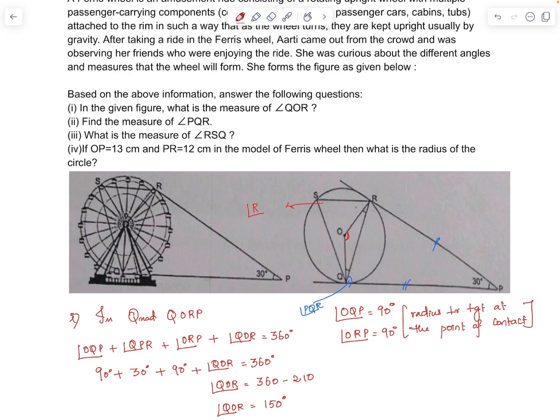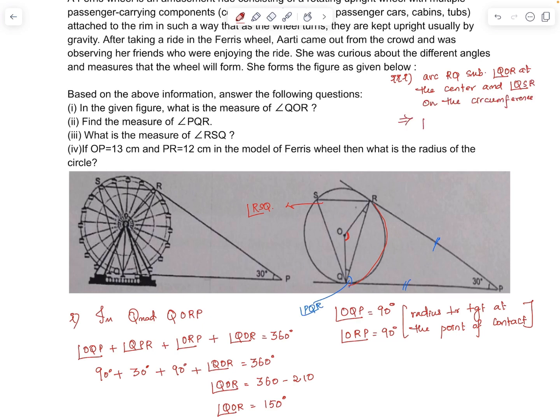This is angle RSQ. The arc RQ subtends an angle at the center and also at S. So there is a relationship between the angle at the center and the angle at S. So we will use that to solve this. Arc RQ subtends angle QOR at the center and angle QSR on the circumference.